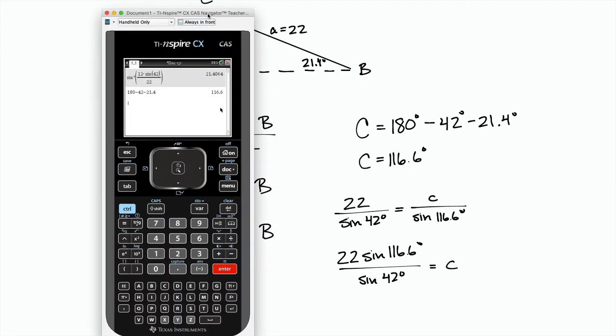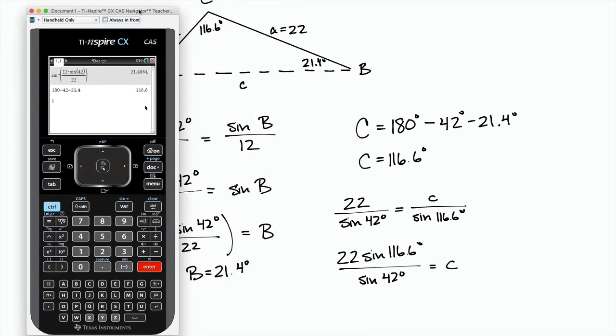Now, before I plug this into my calculator, I need to make an important comment here. This 116.6 degrees actually came from a rounded form. And so I actually don't want to use rounded forms as I do more calculations, because every time I round and then use it in the calculation, my next thing could be off even more.